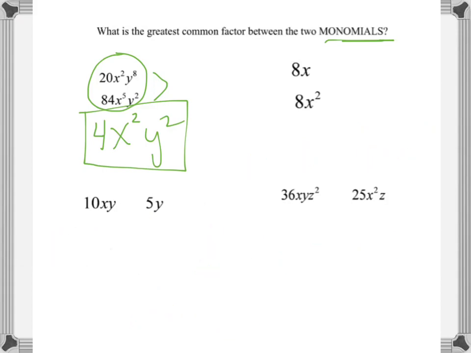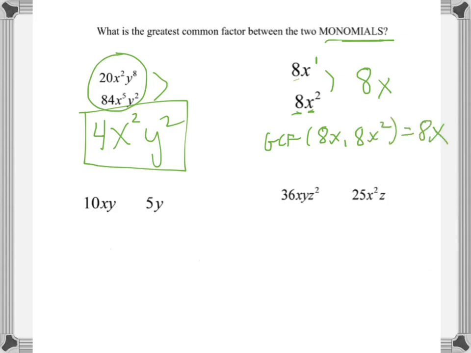Now, let's see, the GCF between 8x and 8x squared. The GCF between the coefficients is 8. Now 8x to the 1st power has 1 x and 8x squared has x's too, so they actually share an x. So the GCF between 8x and 8x squared is 8x.